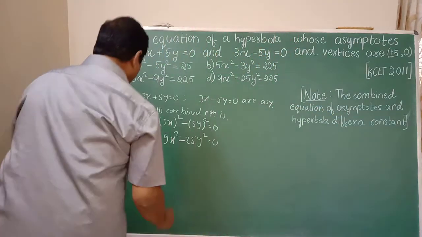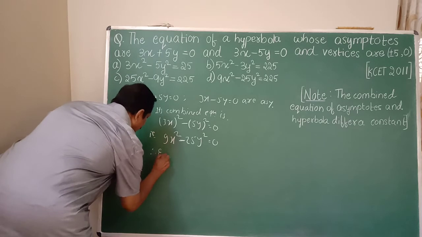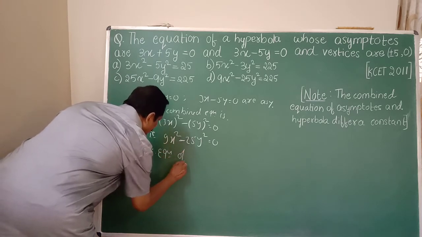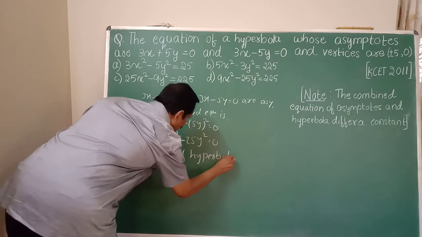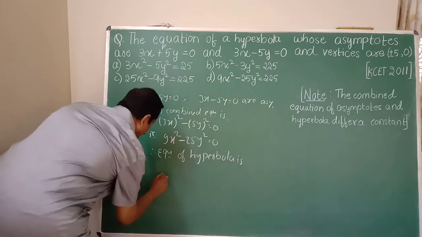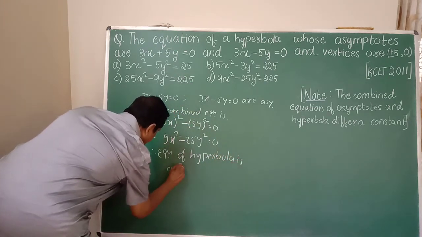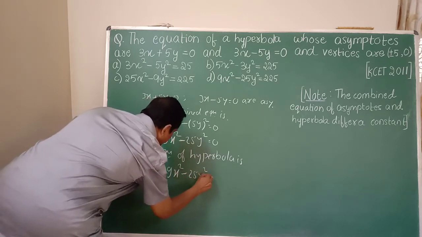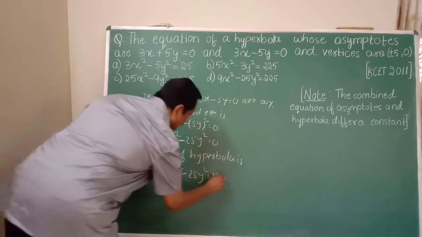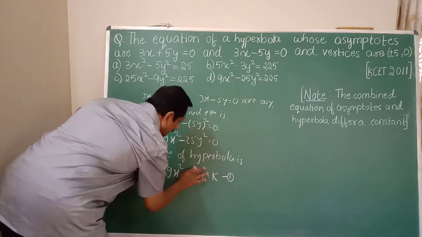Therefore the equation of the hyperbola is 9x² - 25y² = k, a constant. Take this as result number 1.